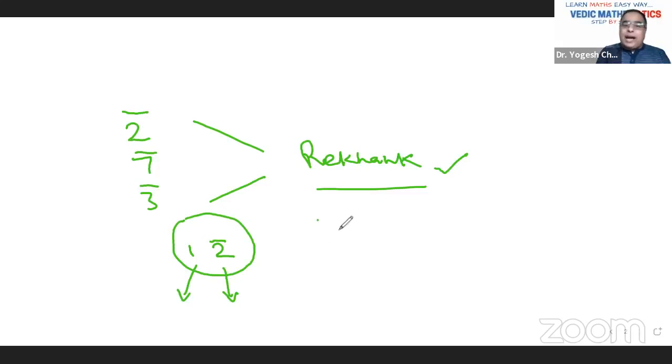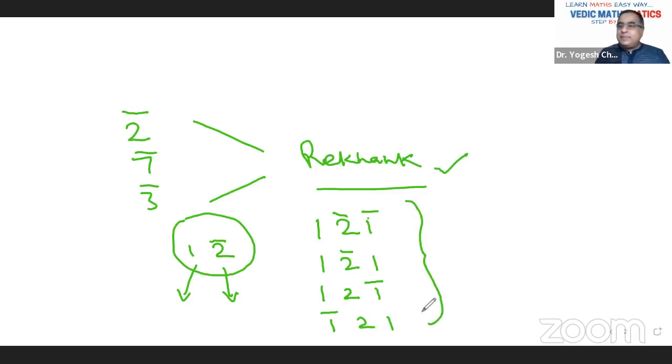You can have 1 positive, 2 negative, or 2 positive, 1 negative. You can even have the first digit as bar. All these are Vinculum numbers. Now the definition is clear? Yes, sir.